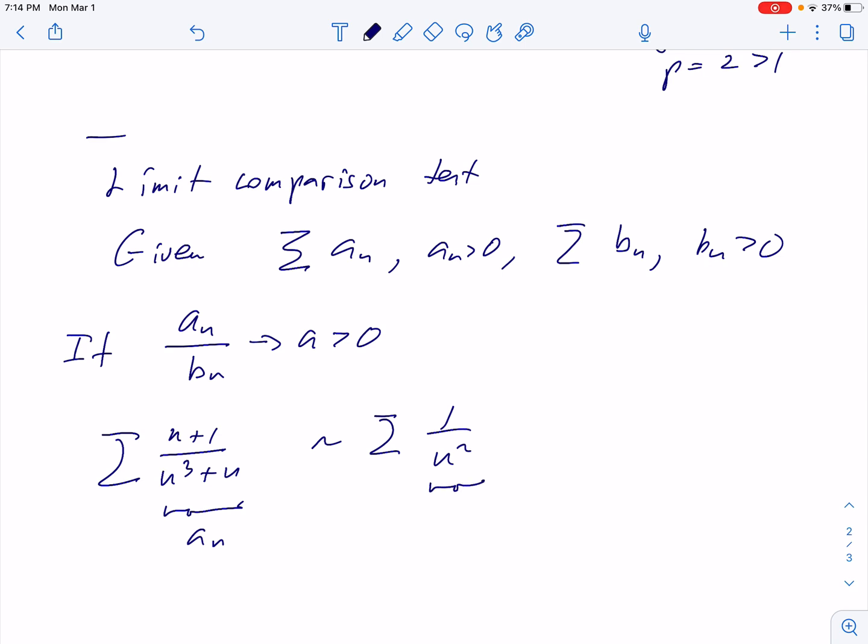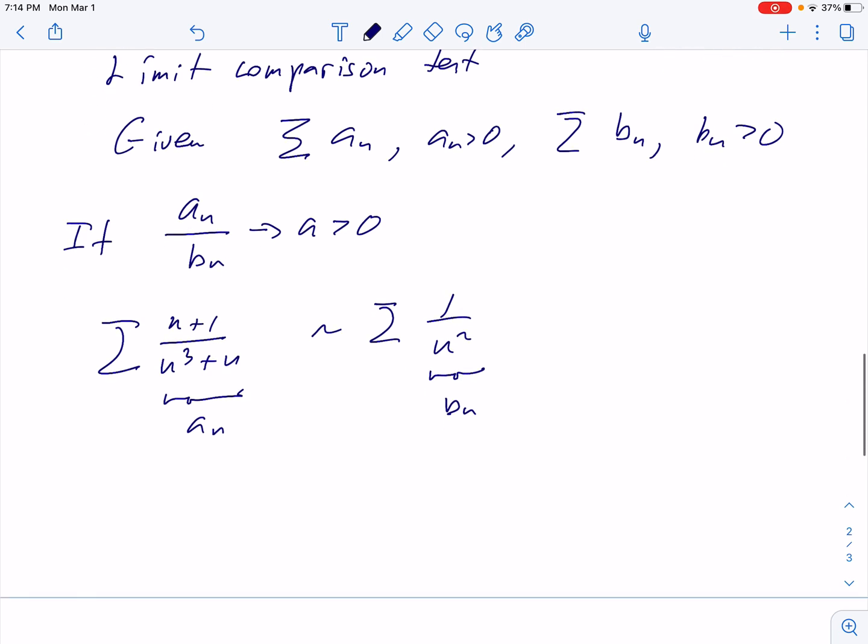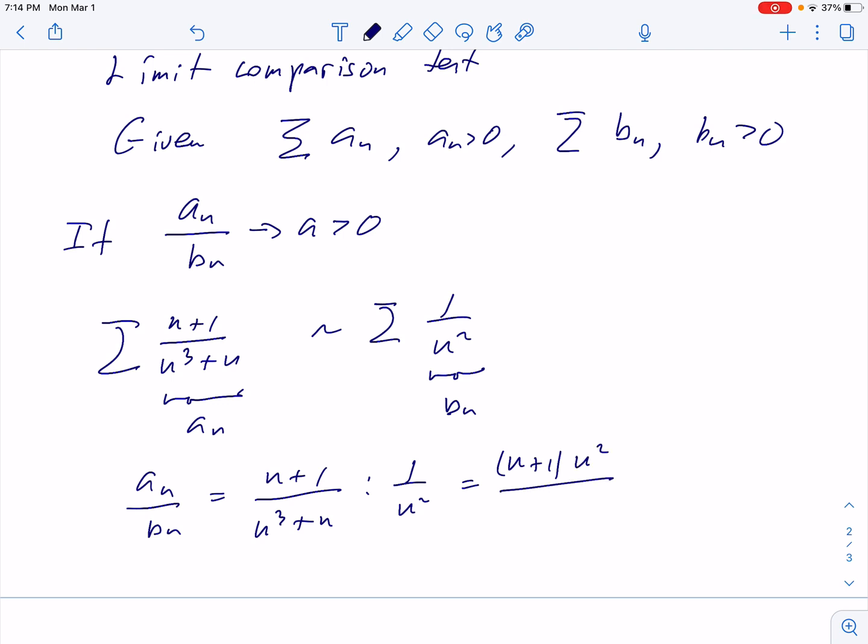So let's take this to be b sub n. If we take the ratio a sub n over b sub n, this will be n plus 1 over n cubed plus n, and dividing by 1 over n squared, we can multiply by the reciprocal. This will give you n plus 1 times n squared over n cubed plus n.